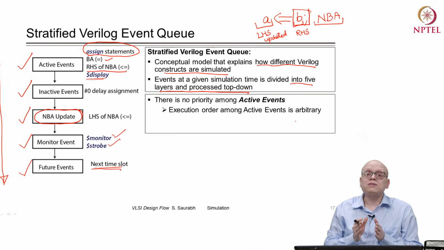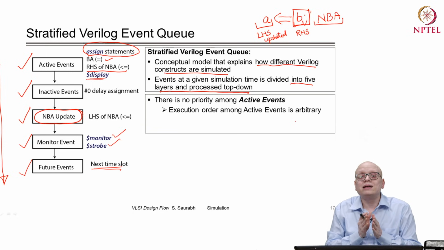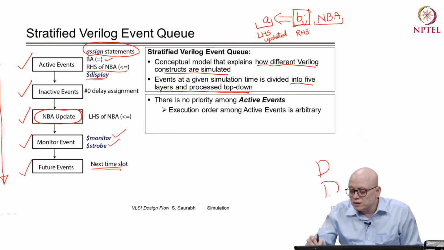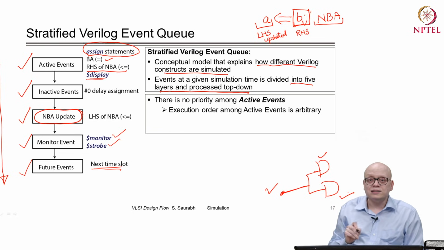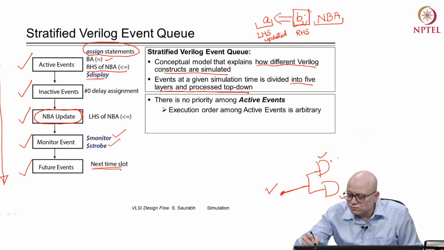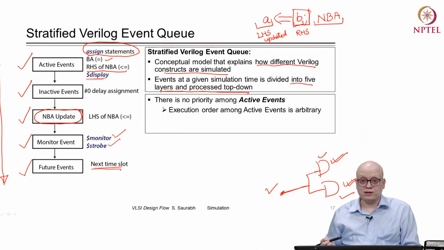The reason is that we want to model parallel operation in hardware. If there are multiple gates and there is a signal, we do not know whether this signal will reach this gate first or that gate first. There are uncertainties involved, and therefore either this one can be processed first or the next one can be processed later.